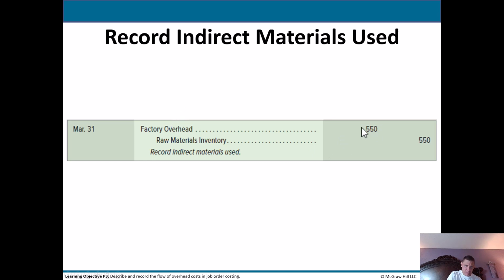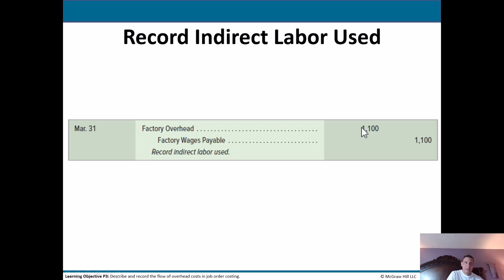In this case, 550. And as far as the indirect labor, they're saying here, okay, we have $1,100 worth of indirect labor. So we have a debit to factory overhead. Again, the amount is being charged to factory overhead, and it's being credited to the liability account, factory wages payable.